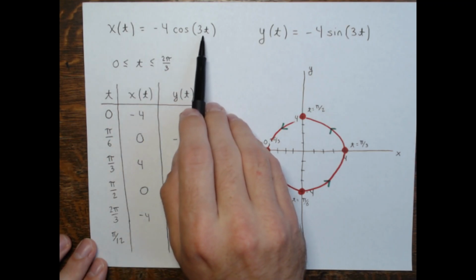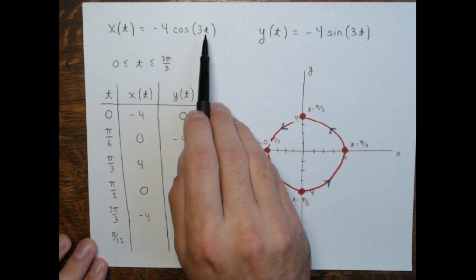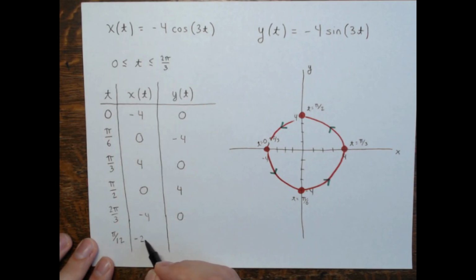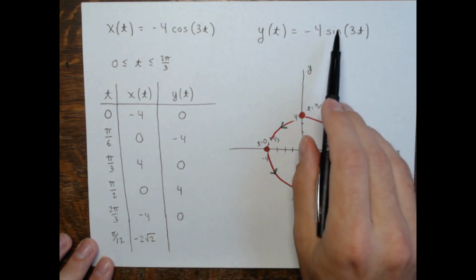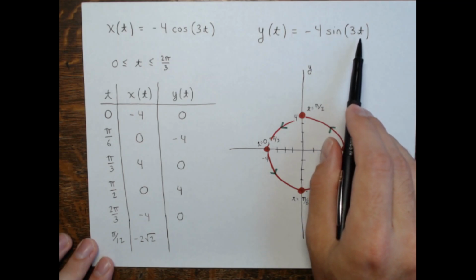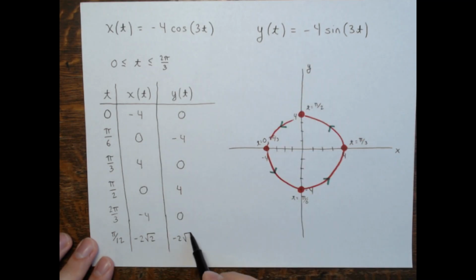Now 3 pi over 12 is pi over 4. Cosine of pi over 4 was the square root of 2 divided by 2, but then times negative 4 would be negative 2 times the square root of 2. And then the sine of 3 pi over 12, the sine of pi over 4 was also square root of 2 divided by 2. And times negative 4 would again be negative 2 times the square root of 2.